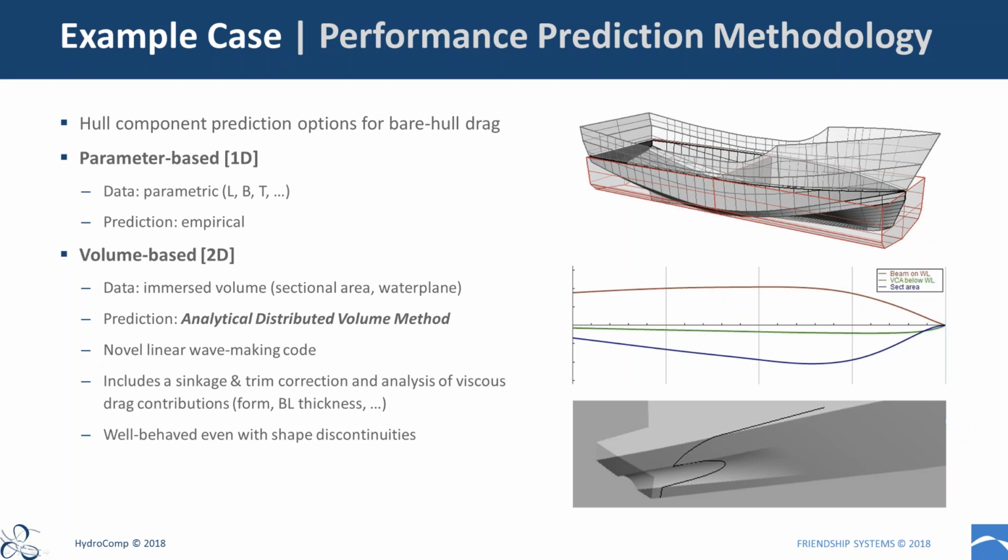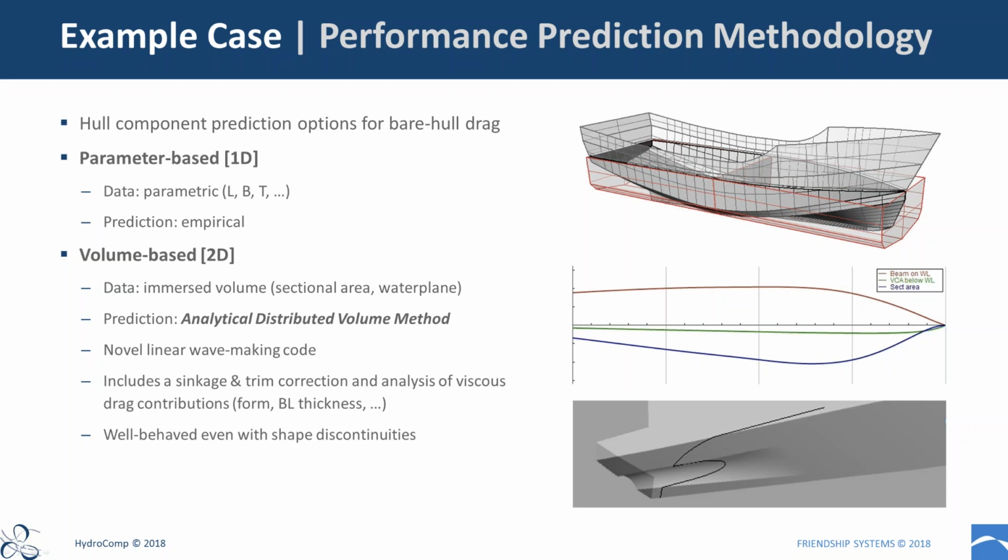Now that has a scope, and in the case of NavCad, we have some 40 different parametric 1D based prediction methods for hull form that will support small go-fast planing hulls all the way through to the largest tankers and bulkers. A volume based prediction is what we're calling a 2D method.